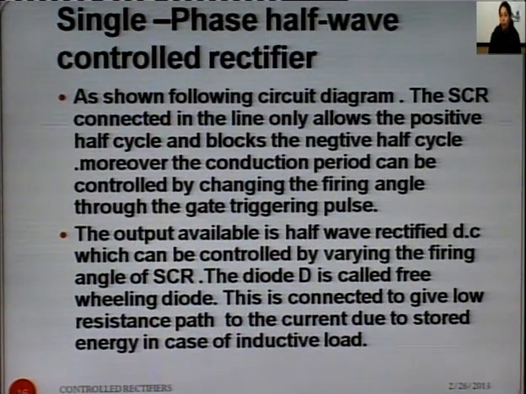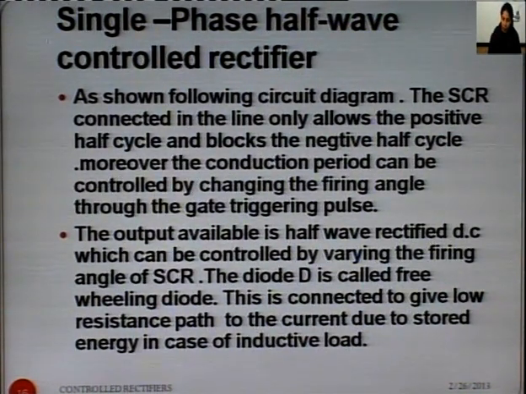So, the output available is half wave rectified DC, which can be controlled by varying the firing angle of the SCR. We are getting half wave because your SCR is conducting only for the positive half cycle, and this output for the positive half cycle is controlled by varying the firing angle, which is further controlled by the gate triggering pulse.